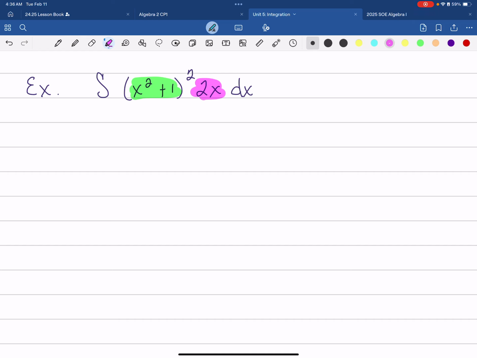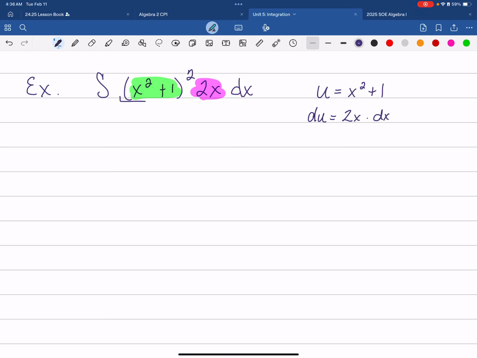So I have that chain rule inside my antiderivative. So we're going to let u equal x squared plus 1, because then du, the derivative of u, is 2x times dx.